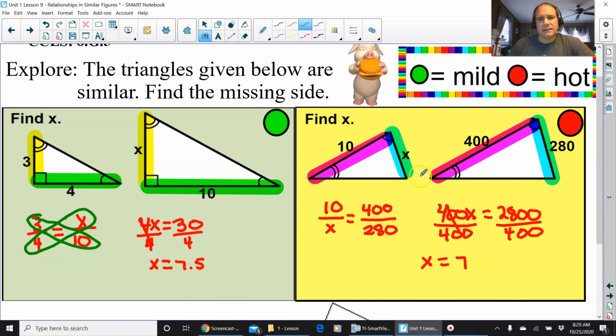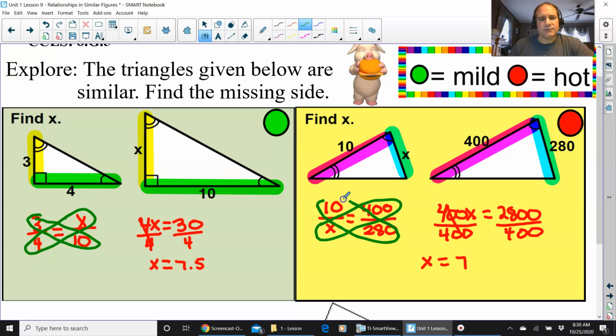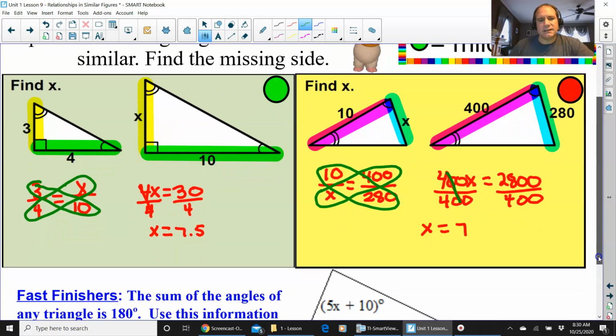Next, 10 over x, 400 over 280, matching up those corresponding sides. Again, I'm going to cross multiply. You have 400x on one side, and on the other side equals 2,800. You divide by 400 on both sides. This cancels. You get x equals 7, and that is it.